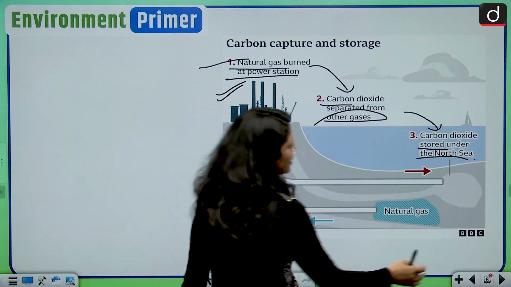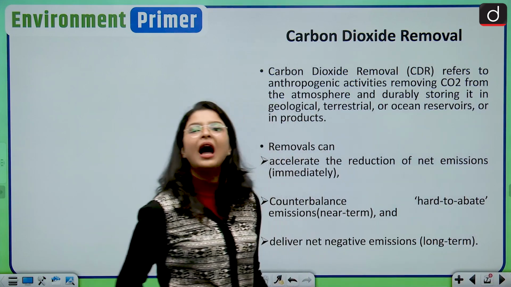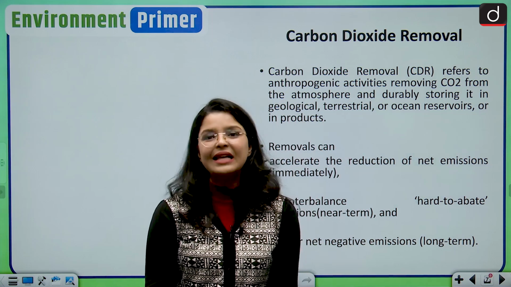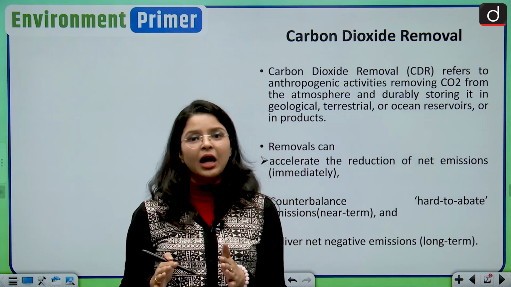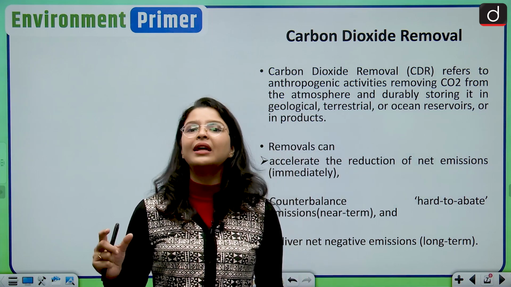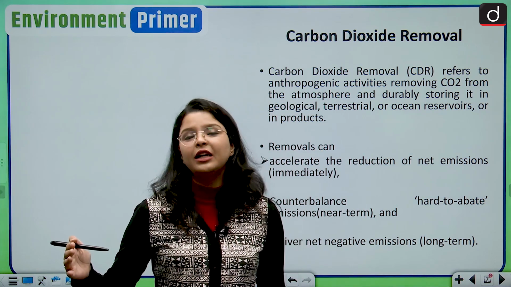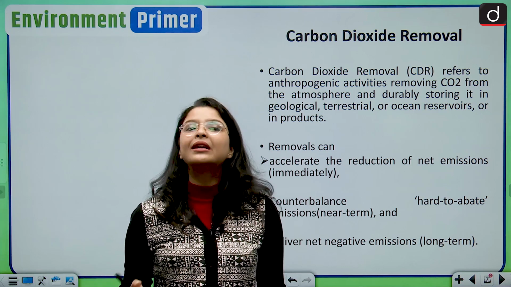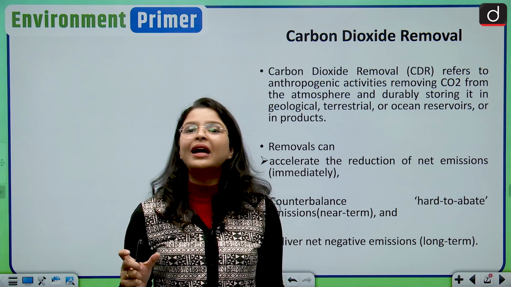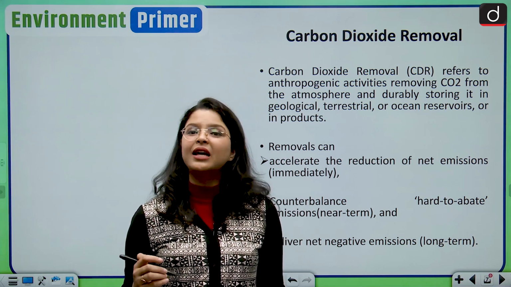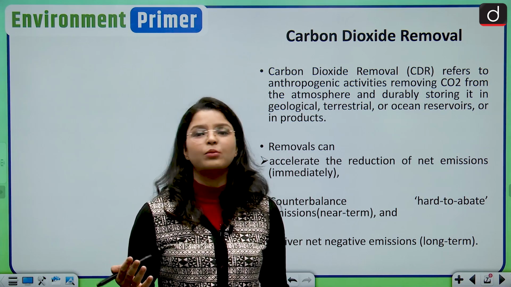Now let us discuss what carbon dioxide removal is and how it is different from CCS. In carbon capture and storage, you are targeting the carbon dioxide that has not been emitted into the atmosphere yet. But in carbon dioxide removal, you are targeting the carbon dioxide that has already been emitted into the atmosphere.